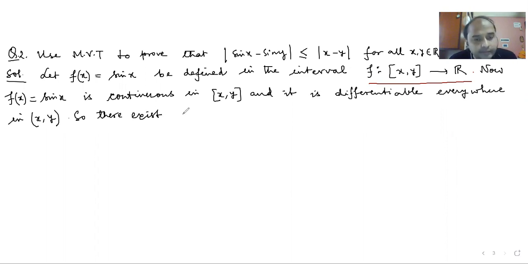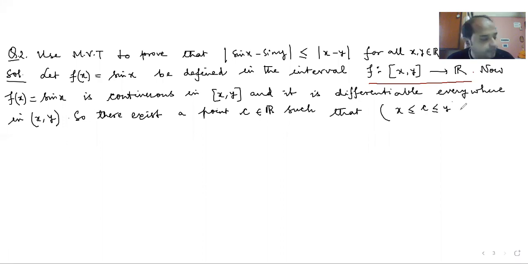a point C belonging to R, and C lies between x and y, it's the interior point, such that f of y minus f of x, f(b) minus f(a), is equal to f dash c into x minus y.